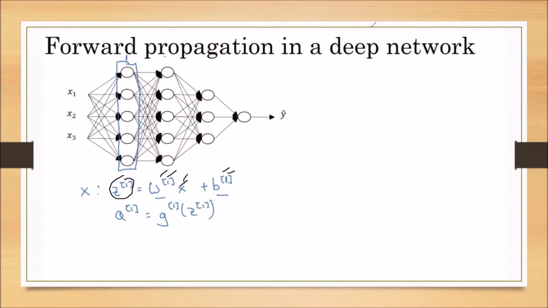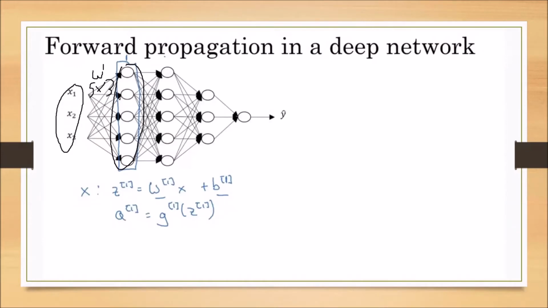Here we already know W1 is the matrix consisting of parameters that control the activation functions of the first layer. The W1 matrix size is 5 by 3 because the number of activation units in the first layer is 5 and the number of activation units in the previous layer is 3.